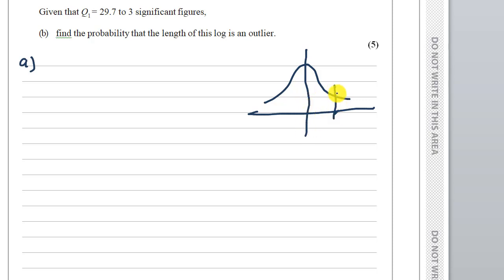This is the value given, which is 3.968. All the probability less than this value, which is this part, is equal to 0.1.